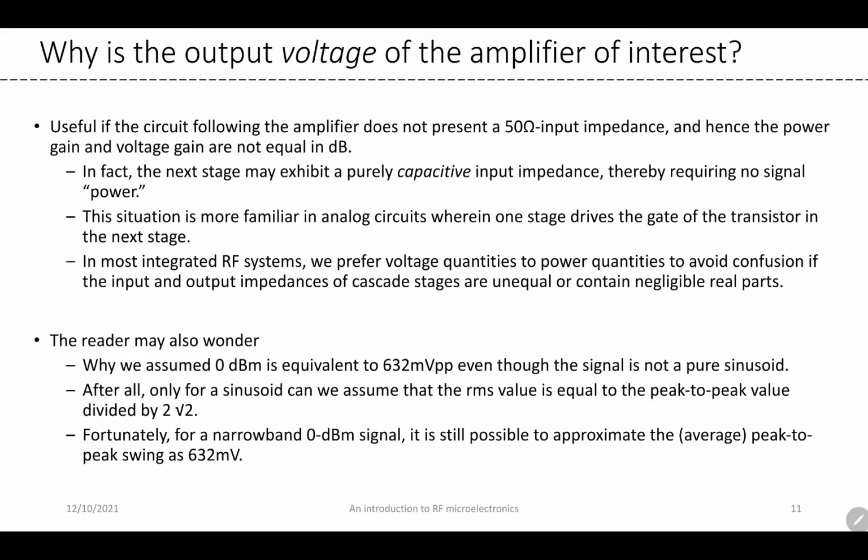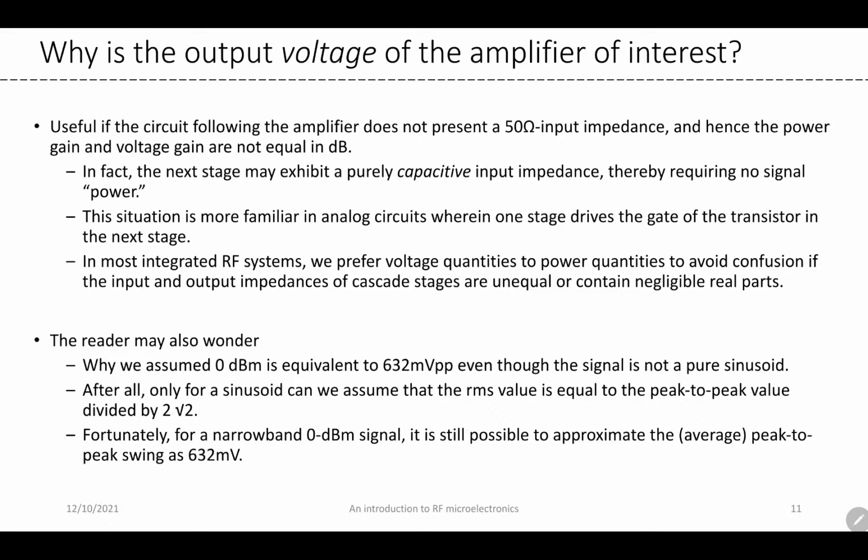Okay, now let's look at some cases where the output voltage might be of interest. We said that we always try to look at RF power when looking at RF systems. But are there some cases where output voltage would be of interest? And the answer is yes.